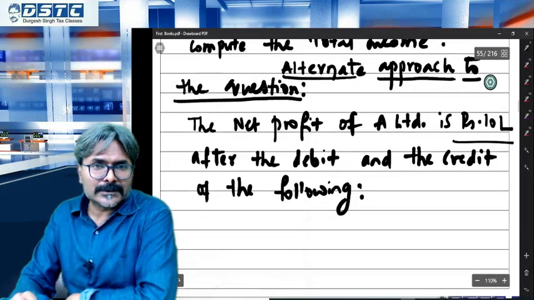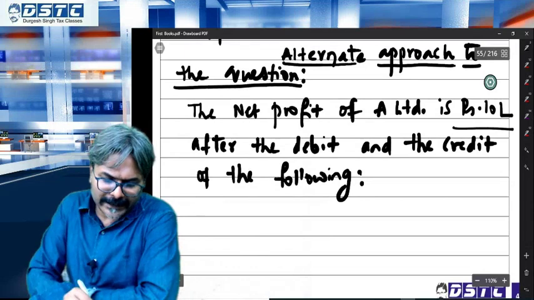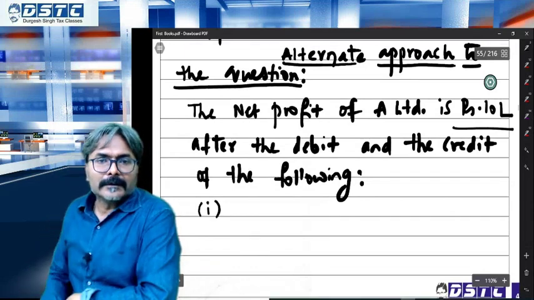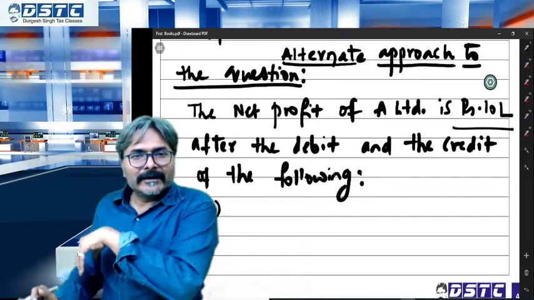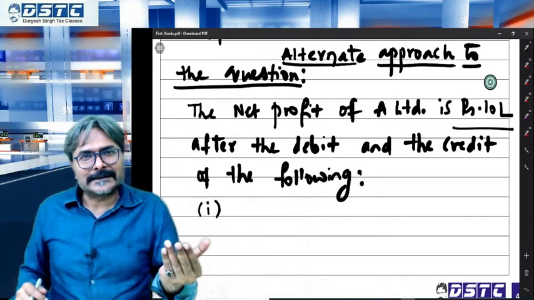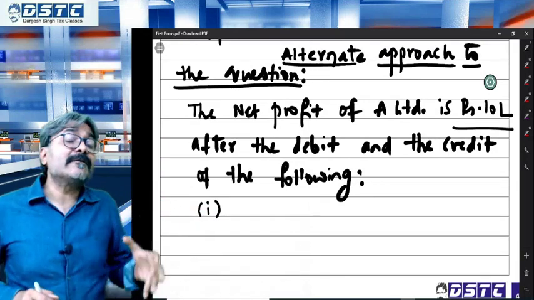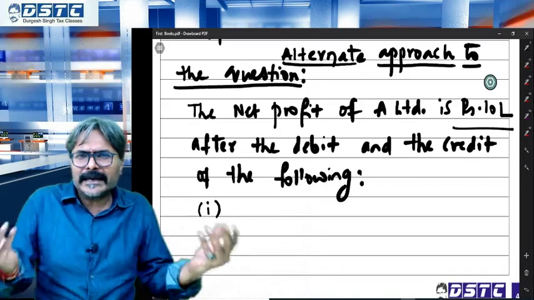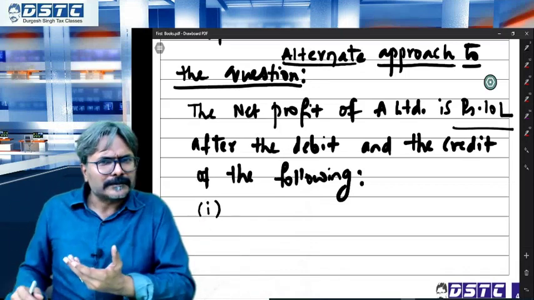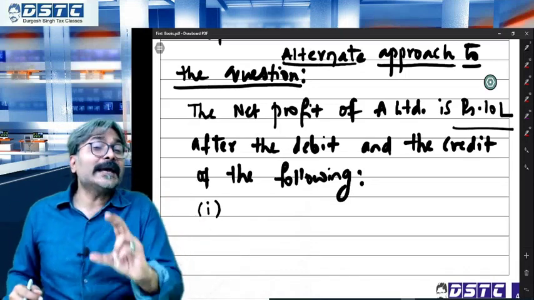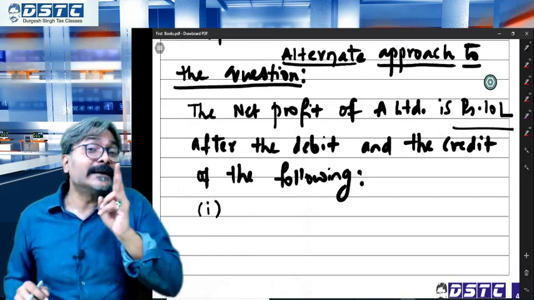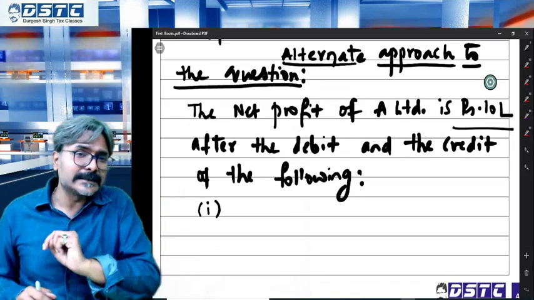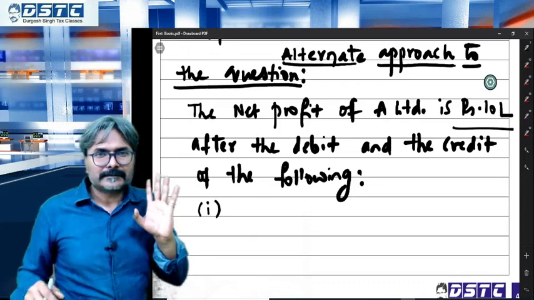By doing that, students, now they will give you only the extracts of your P&L, not that they have to give you the entire P&L. There is no need of giving you the entire P&L. They will only give you the extract of the debits and the credits which are made in the P&L.